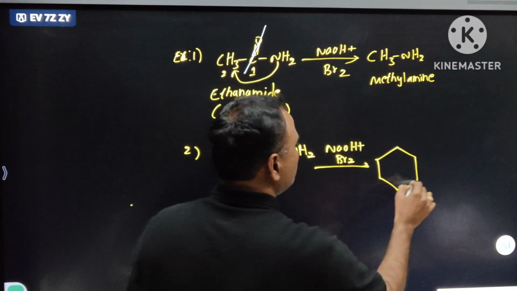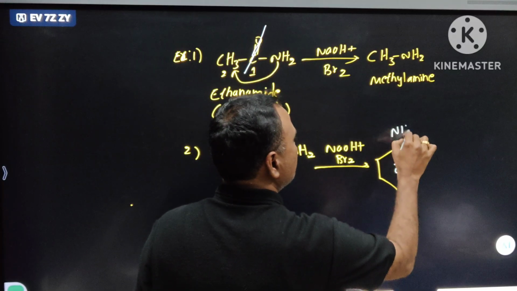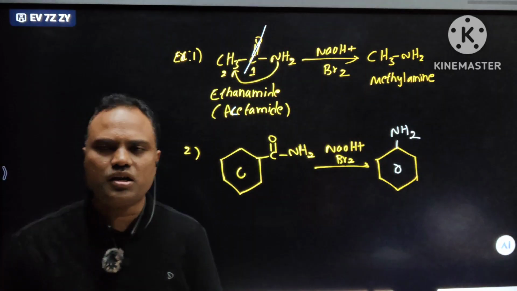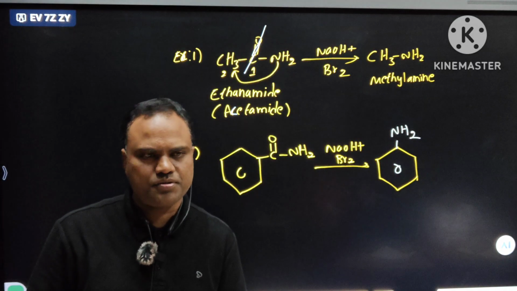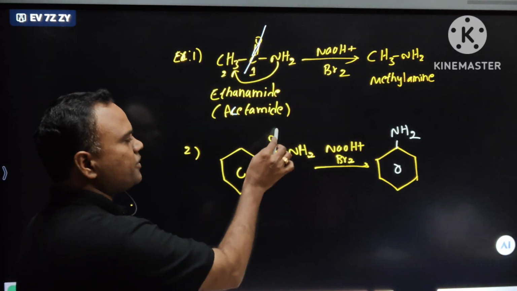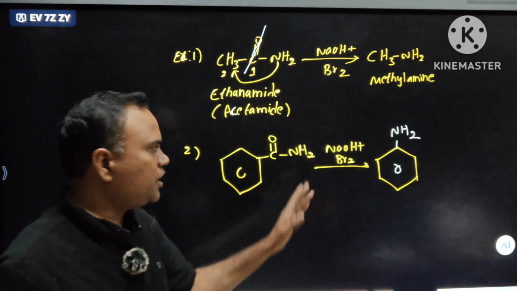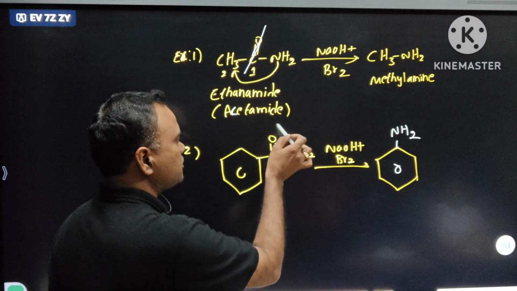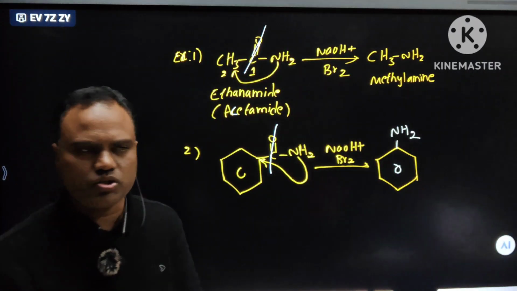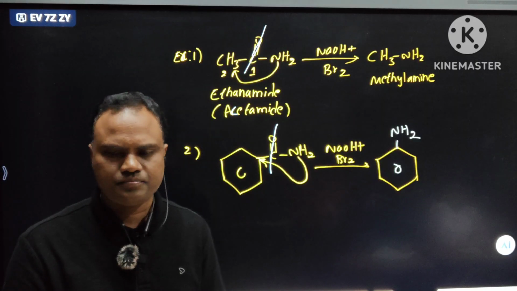We can prepare both aliphatic amine as well as aromatic amine. In Hoffman bromamide reaction, can we prepare aniline? Yes. Aromatic amine can be produced. Same shortcut mechanism. Cut C double bond O, attach N. See here, cut this, attach nitrogen here, NH2.